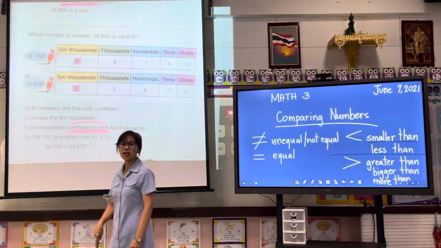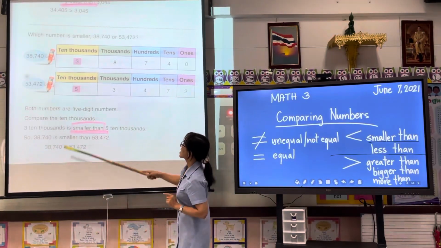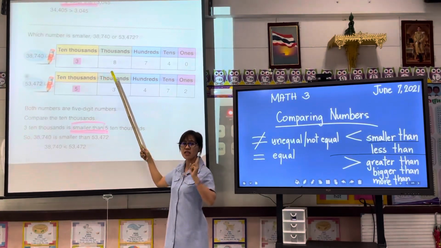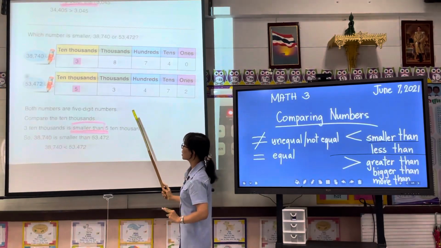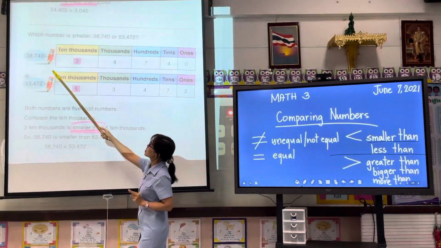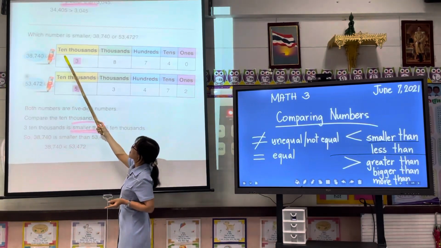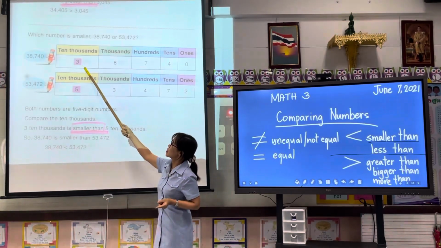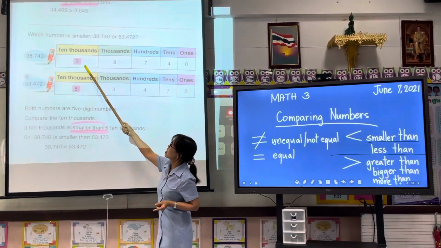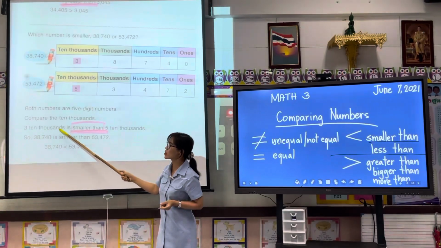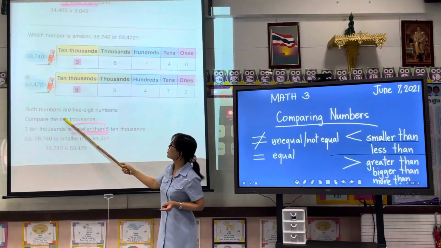You look at the 10,000s place and then you compare the digits in that place value. So the first number, 38,740. What is the digit in the 10,000s place? It's 3 10,000s right there.